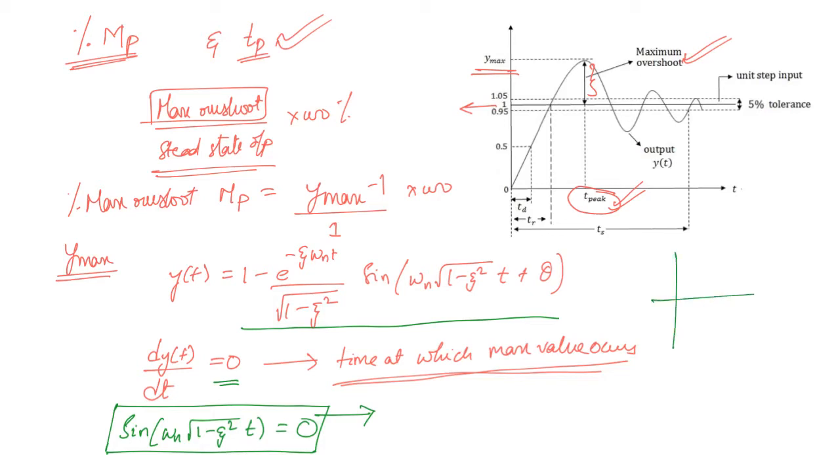Okay, because if you take the sine function, it will be 0 at periodic intervals. This is 0, this is pi, this is 2 pi, 3 pi. So every integer multiple of pi will lead to the sine function being 0. So here we can write omega n root over 1 minus zeta square t is equal to n into pi, where n is an integer.